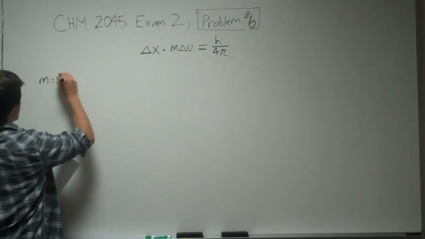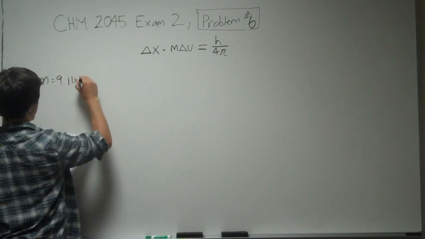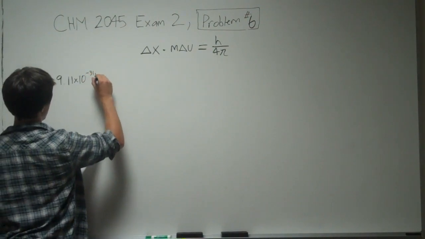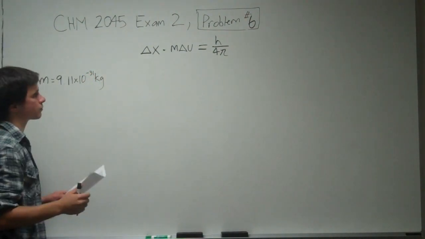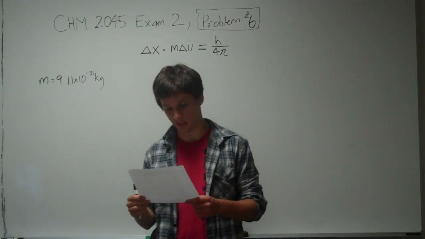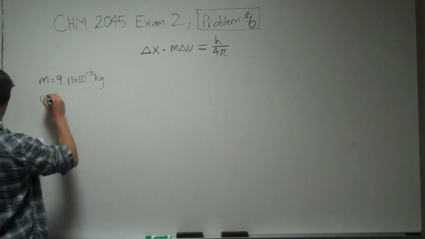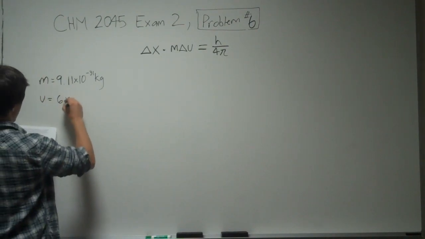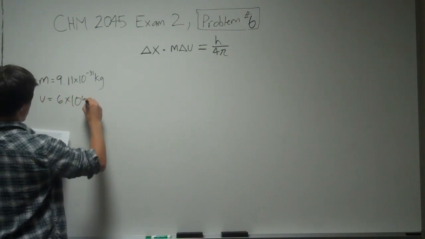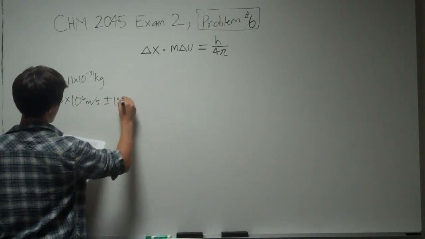Mass, it was 9.11 times 10 to the negative 31 kilograms. Okay? And they also mentioned that the speed, which is u, equals 6 times 10 to the 6 meters per second, plus or minus 1%.